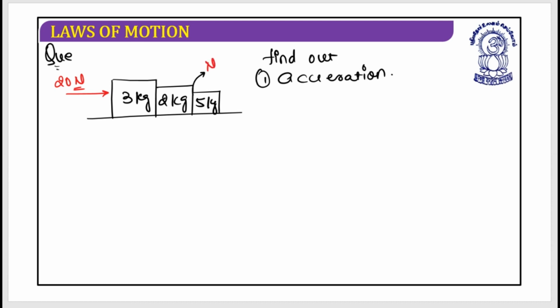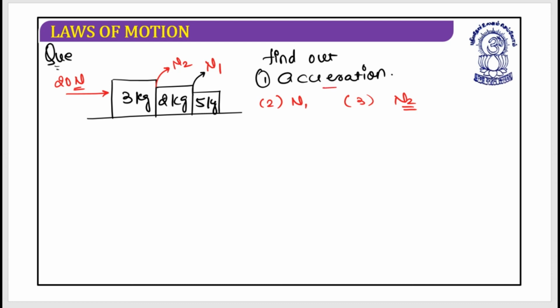Next, the normal forces, let's suppose N1 and N2. These three are the requirements. We need to find out the acceleration, N1, and N2. So how can we do this?